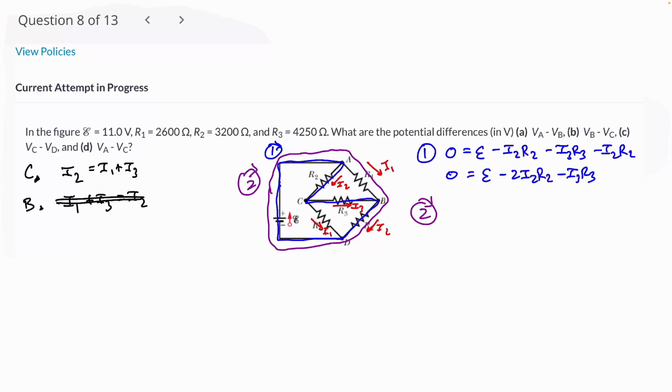Loop number 2. Again, starting at the battery. Now I'm going to go minus I1R1 minus I2R2, and then I'm back to the battery.